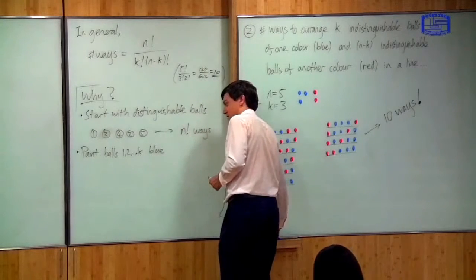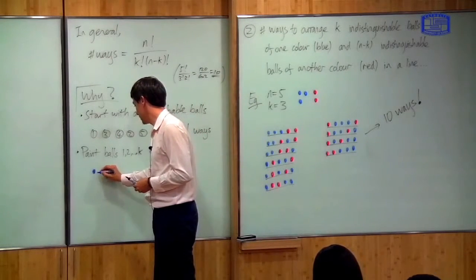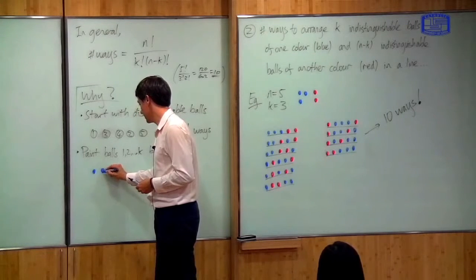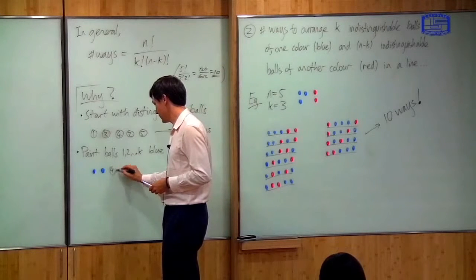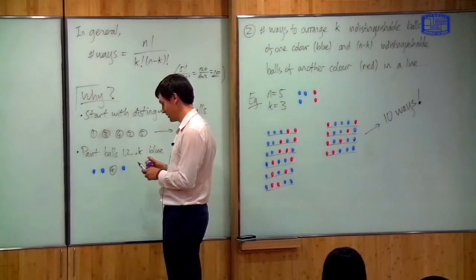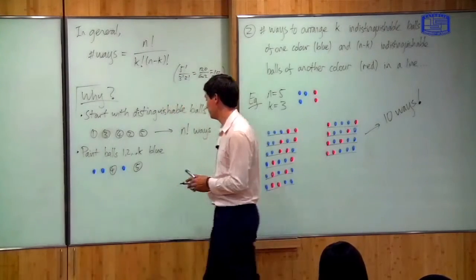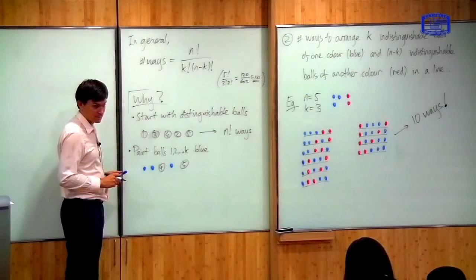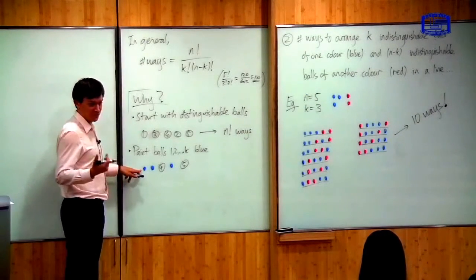So once we've done this, we get blue ball, then number 4, then another blue ball, then number 5, and you see that by doing this, we've lost some of the ways, right?